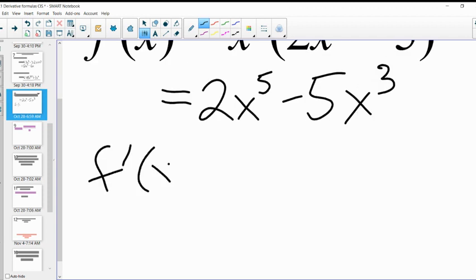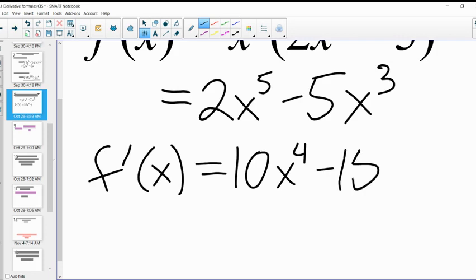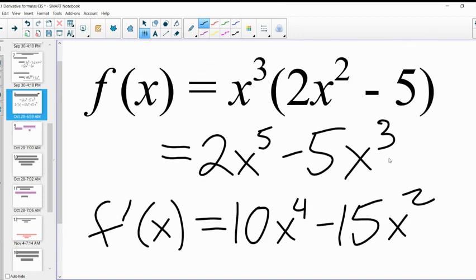And so my derivative, well, 5 times 2, 10x to the 4th, minus 5 times 3, 15x squared. Done. By the way, if you're curious, do the derivative of x cubed, do the derivative of 2x squared minus 5, and multiply them together. Spoiler alert, you will not get this. This is correct. But again, more on that on Monday.